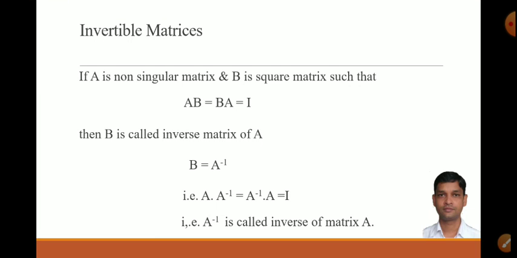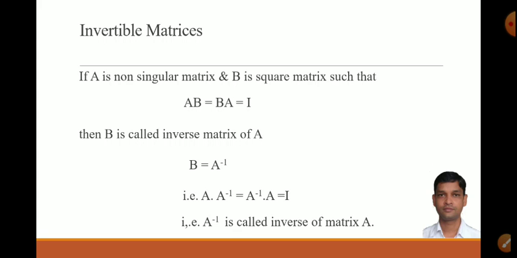invertible matrices. If A is a non-singular matrix, non-singular means its determinant is not equal to 0, and B is a square matrix such that A into B is equal to B into A is equal to identity.